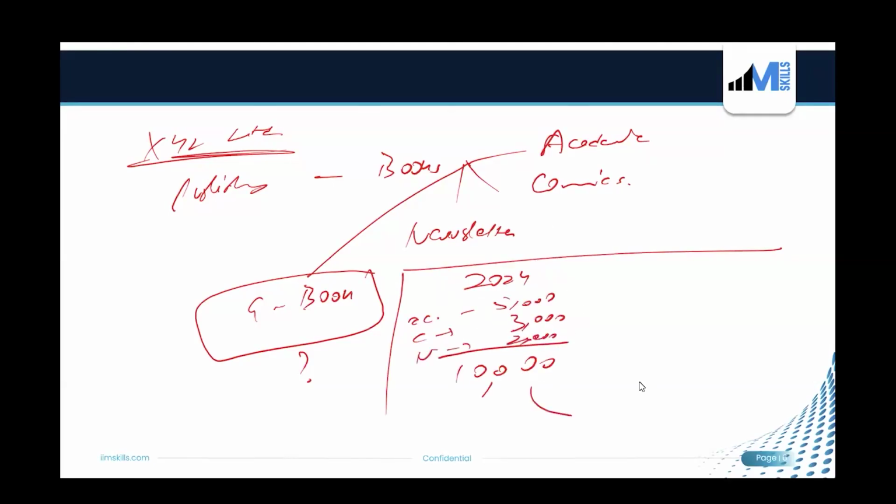Now they expect that in the next year, their revenue will grow by 20%. So this will become 12,000. And they are also going to launch ebooks. Ebooks will form a portion that is going to be 10% of this, so 1,200. That means the difference of 10,800 would be split among the initial three lines.